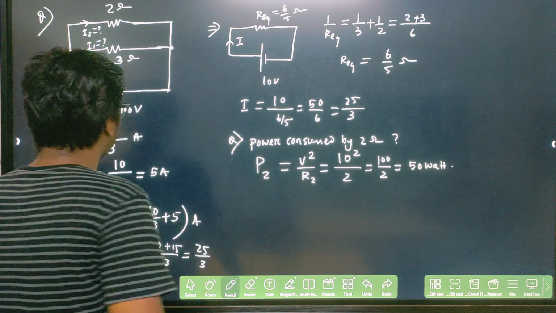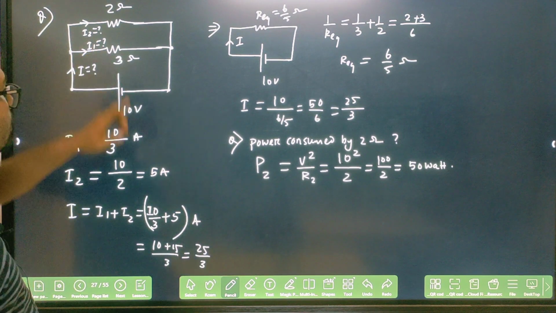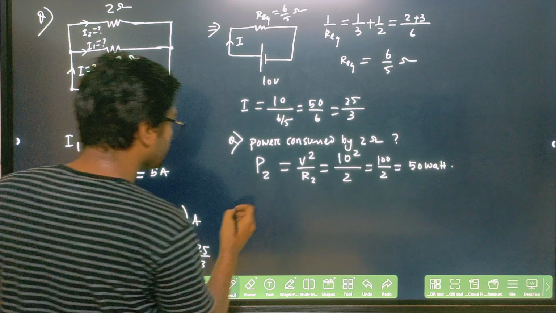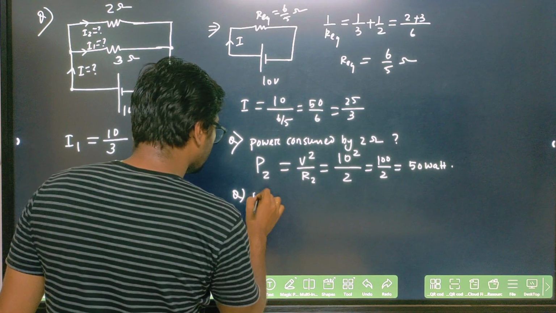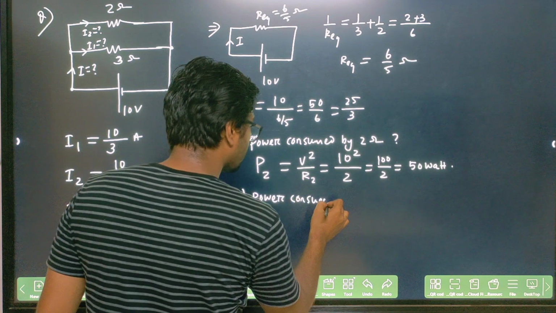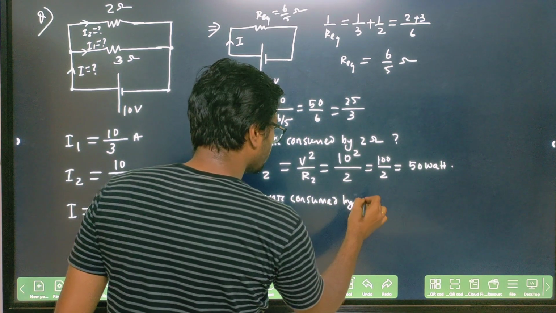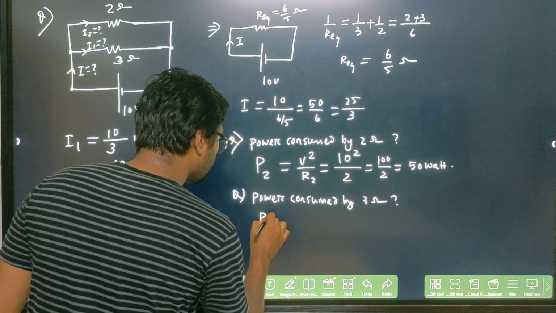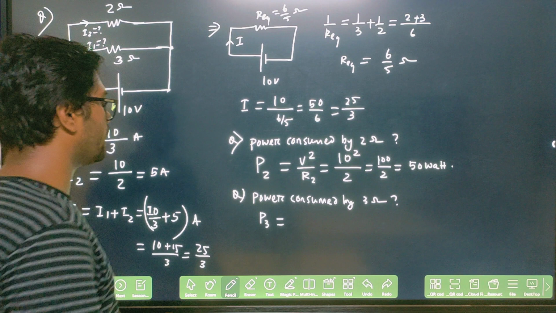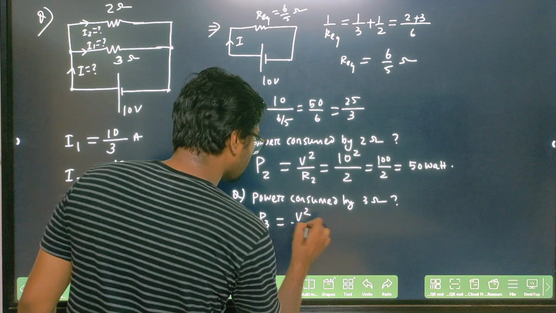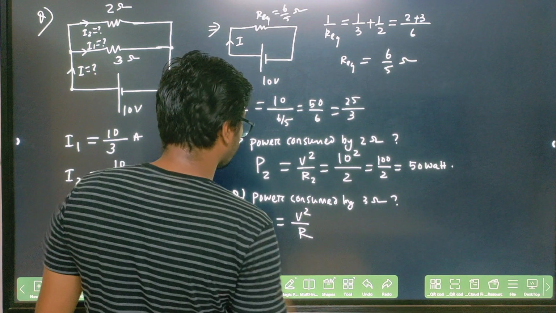Now can you find out the power consumed by the 3 ohm resistor? So power consumed by the 3 ohm resistor, you will tell that P3, that is power across the 3 ohm resistor, is equal to basically V square by R, right?